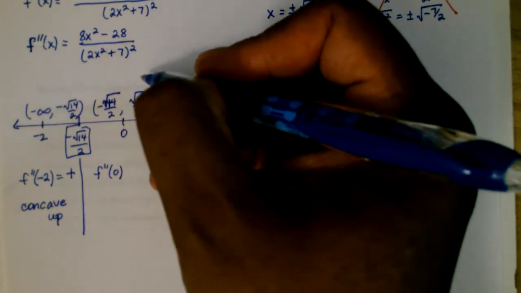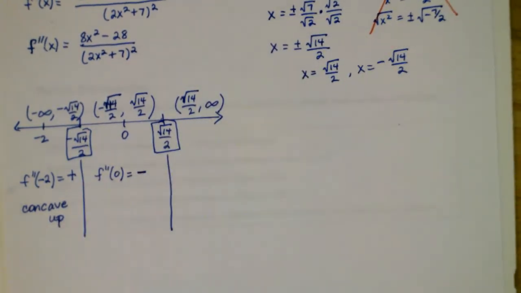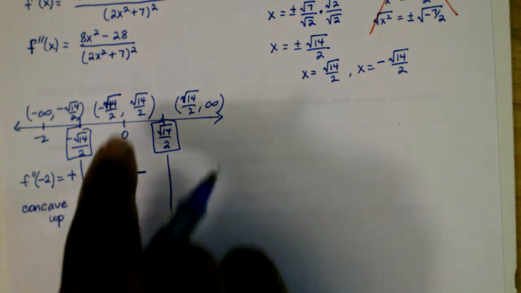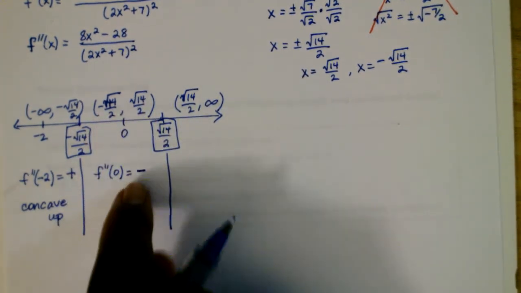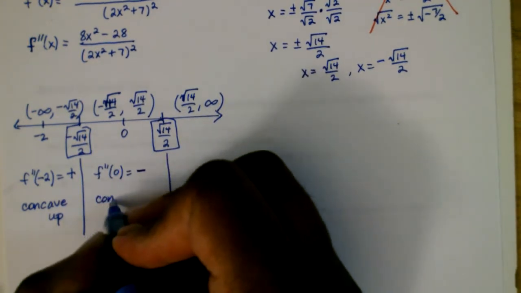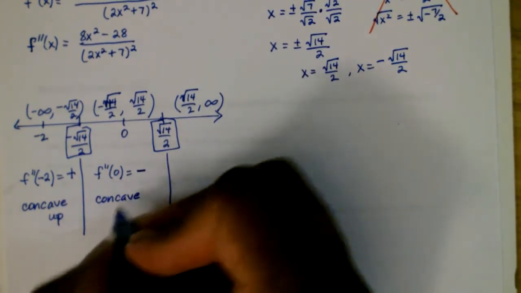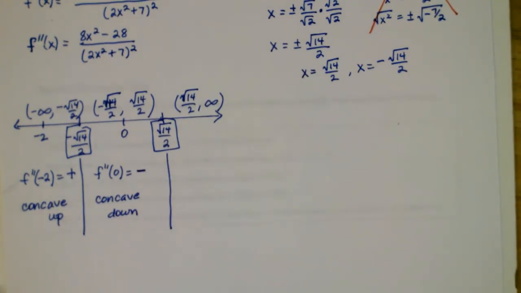So negative divided by a positive would end up being negative. So that means between these two numbers, f double prime will be negative. That means the graph of the function will be concave down.